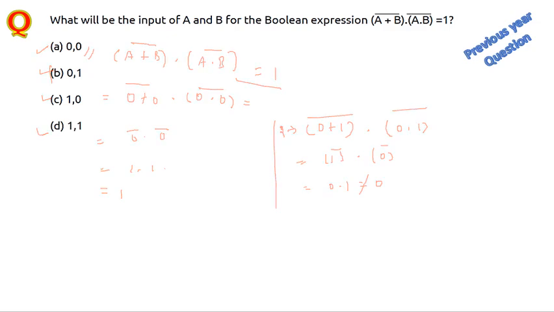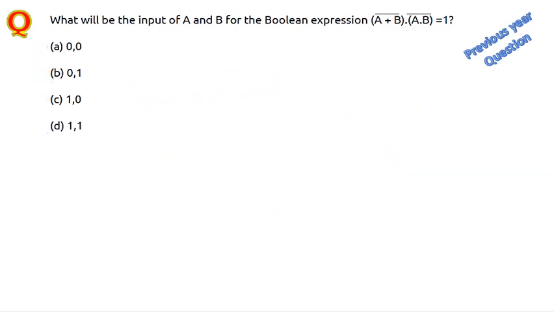The second way: the expression is (A plus B) whole bar and (A dot B) whole bar. We are going to simplify this. For (A plus B) bar, the bar gets applied and the plus becomes dot, so A bar dot B bar.